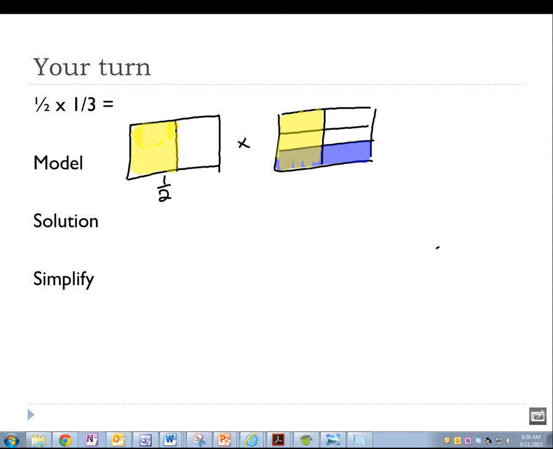And this would be like that. Now, how many of those are filled in? Yeah, 1/6. So we have 1/2 times 1/3 is equal to 1/6 because there are 6 of these boxes now, and only one of them is filled. So the part is 1, the whole is 6, and we have 1/6.